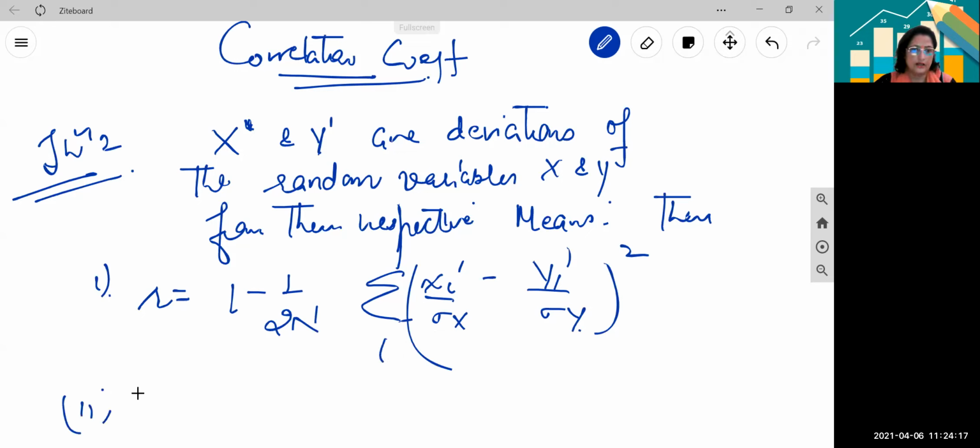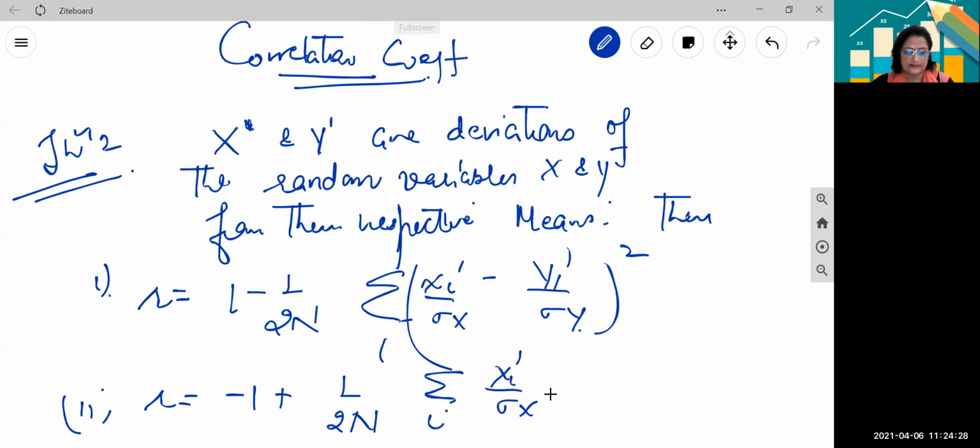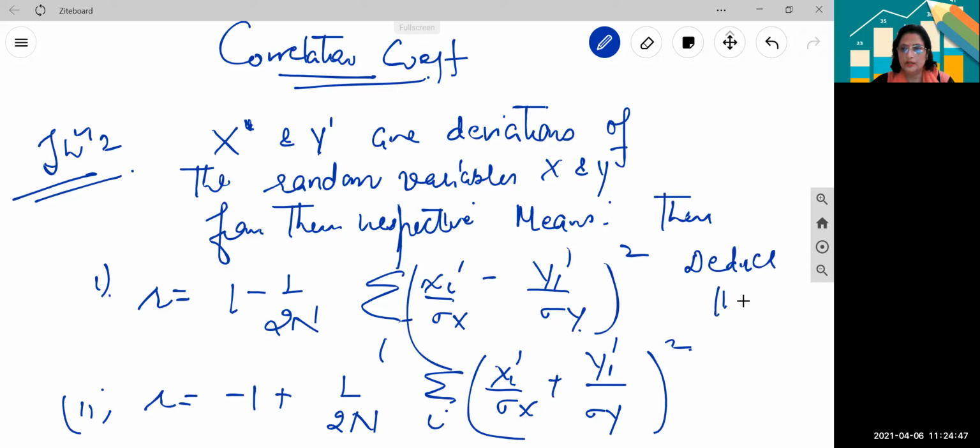This is the first part, and the second part, r is equal to minus 1 plus 1 by 2n summation of i xi dash upon sigma x plus yi dash upon sigma y its whole square. Right? And deduce that. From these two expressions we have to deduce that r is lying between -1 to +1. So let's start the proof.